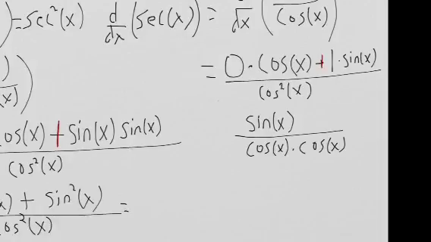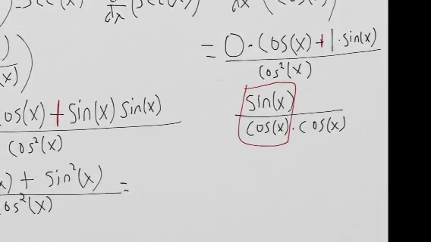Because now what we see is we have sine over cosine, and then another cosine in the denominator. So we can rewrite sine over cosine as tangent. Okay, so this is technically tangent divided by cosine, but again, we know that 1 over cosine, so we just have this cosine in the denominator here, can be rewritten as secant.